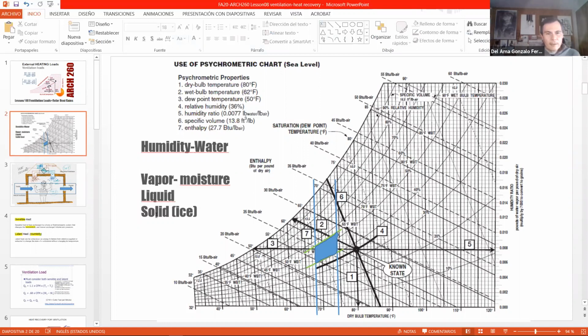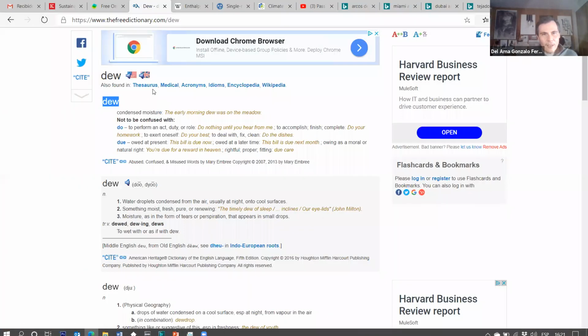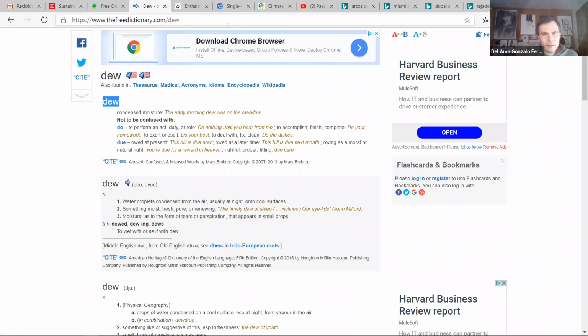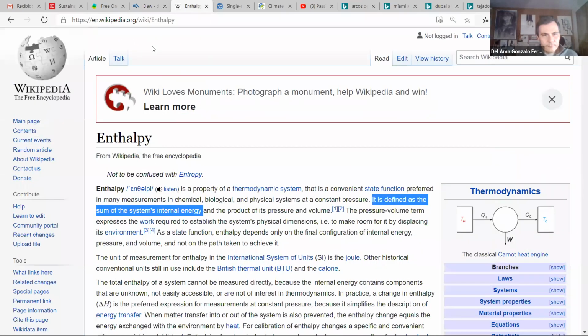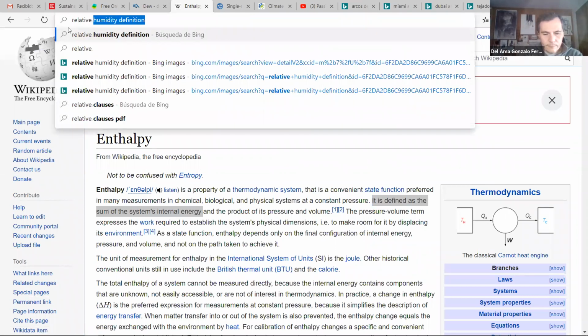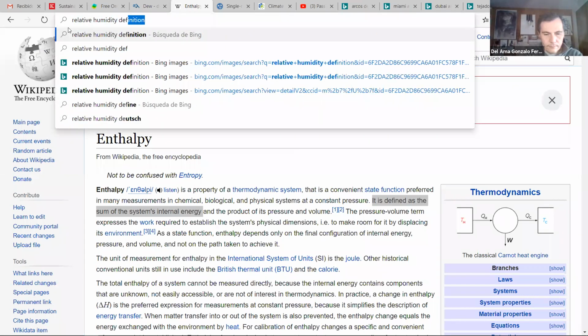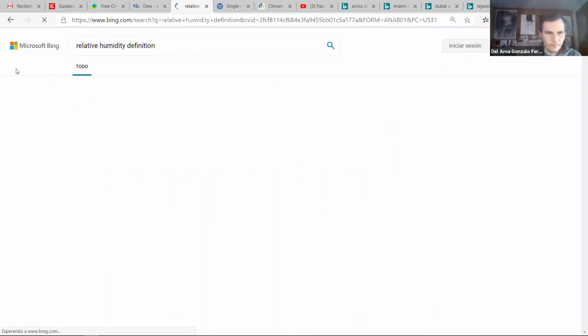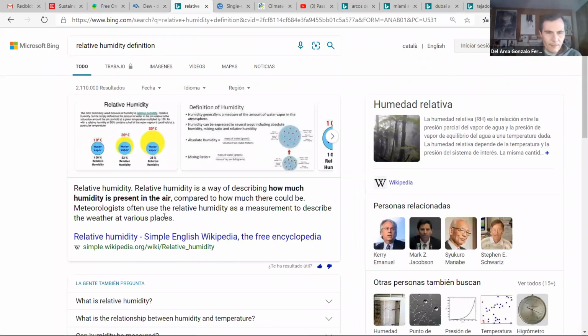Then relative humidity. Relative humidity is a concept that we are all familiar with, but it's quite difficult to explain. So if we Google relative humidity, okay.